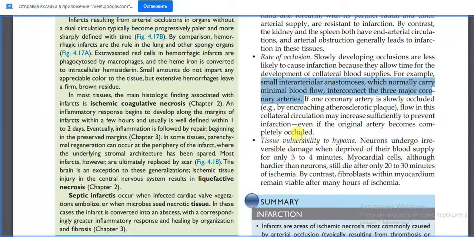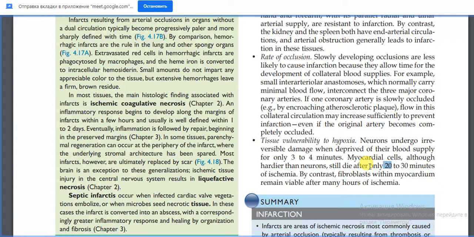And tissue vulnerability to hypoxia. For example, if we compare different cells, neurons get irreversibly damaged when deprived of their blood supply for 3-4 minutes. But if we compare them with myocardial cells, they can survive 20 or 30 minutes of oxygen deprivation.